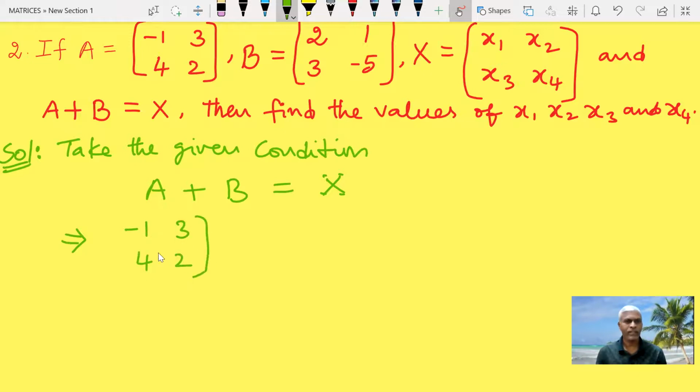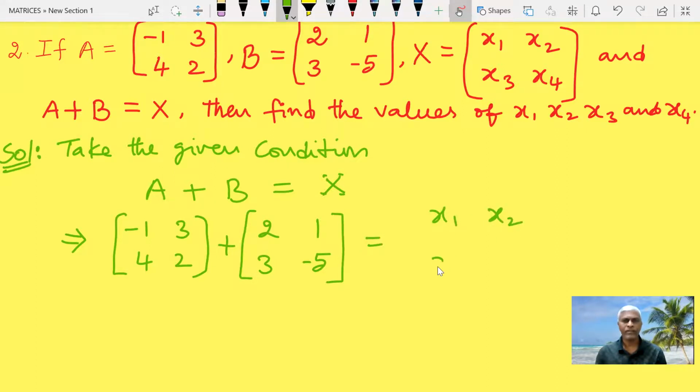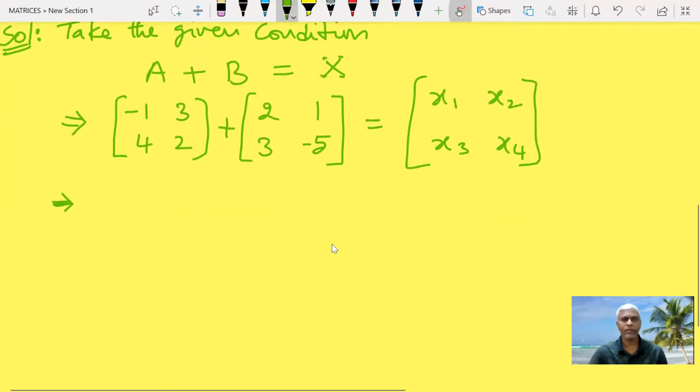So this is A. And 2, 1, 3, -5, this is B. And x1, x2, x3, x4, this is X. So I am writing in place of A, B, X the matrices given in the problem.